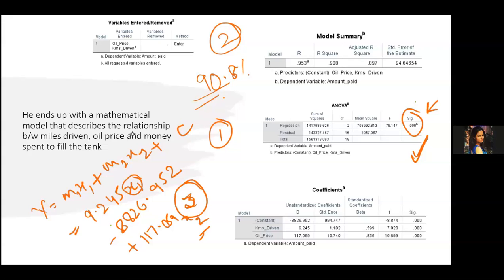And if say oil price is 77 or 78, what we can put here in place of x2? 78. And then you can calculate, right? Are you able to understand कि ये equation में हम कैसे plug in करेंगे numbers? Yes, ma'am.